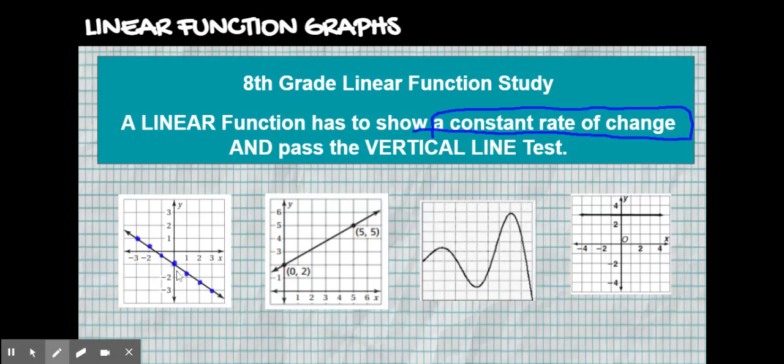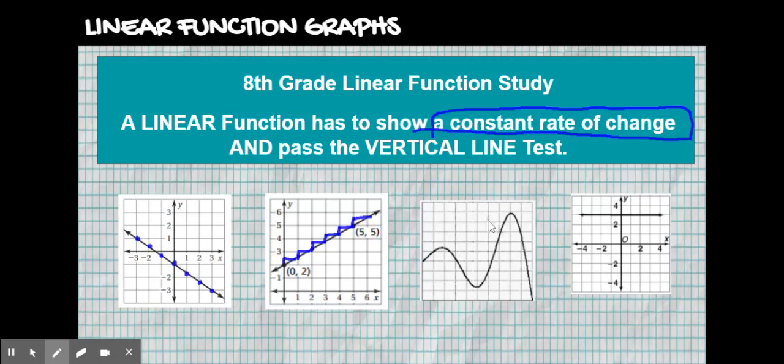That shows us a constant rate of change. This right here is a graph of a linear function. It passes the vertical line test, and you can see it's changing at a constant rate. And you studied that last year by looking at slope: the slope between any two points stays constant, and that constant rate of change is what produces a line on our coordinate plane.